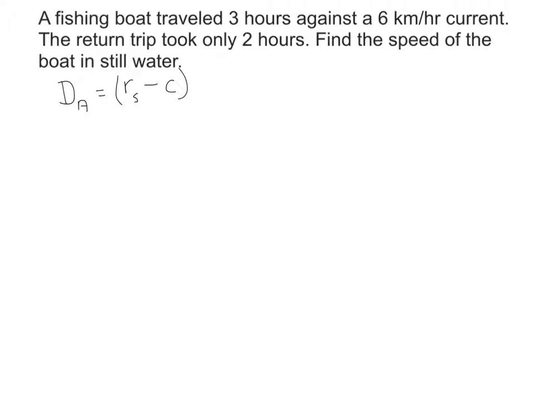So in this case, whatever speed the boat would travel in still water, you need to subtract the current from it when it's going against the current, because it's going a slower speed according to the ground or to the earth. So R sub S minus C, this whole thing, is the speed that it's going against the current.